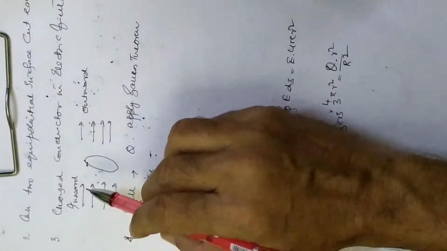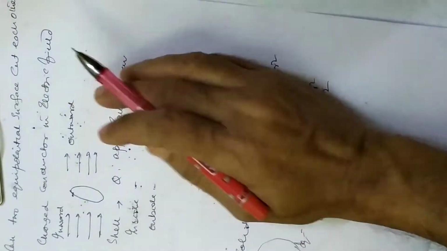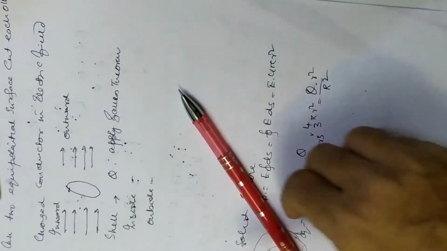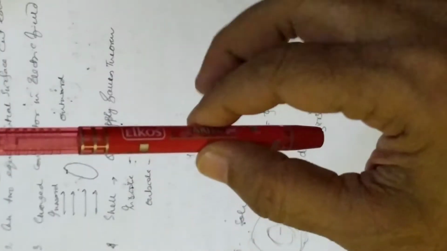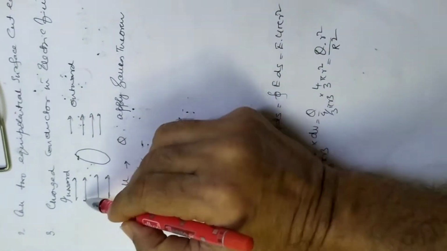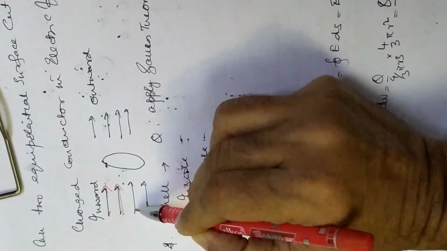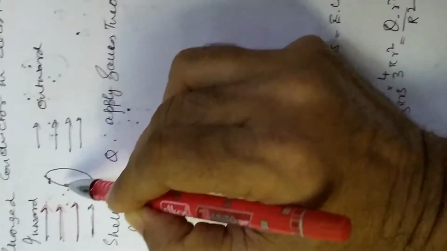Now we'll be writing another question, that is a charged conductor in an electric field. Suppose this is a charged conductor, and if it is kept in an electric field, how will the electric field act here? These are the electric fields coming through the conductor.